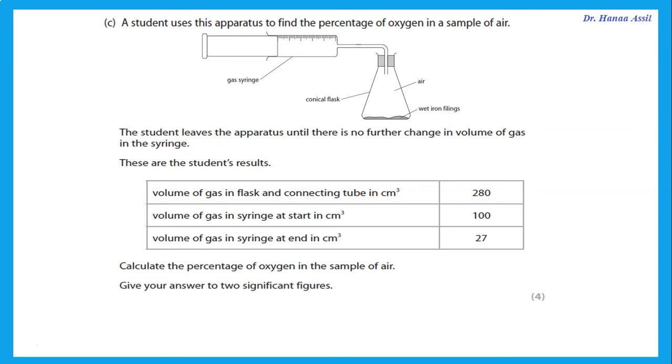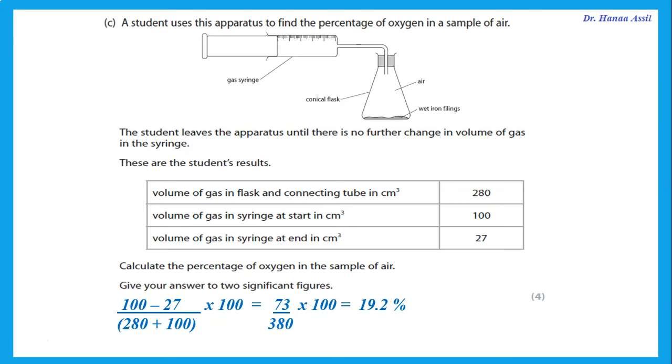And then we need to divide it by the total volume of air that was in the flask in the beginning. So we are told that the flask and the connecting tube is 280 and the syringe is 100. So actually the total volume of air we started with was 380. Out of that, only 73 was oxygen, because that is the decrease in the volume, times 100, this gives 19.2%.